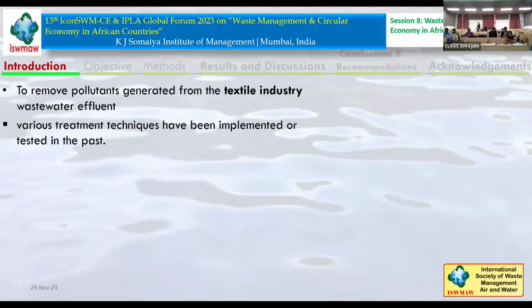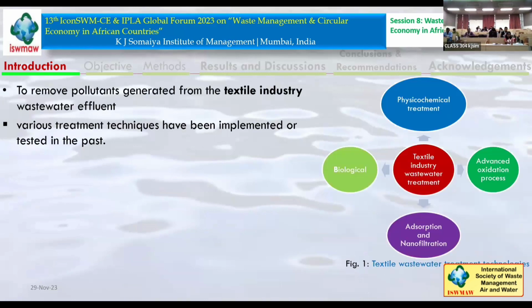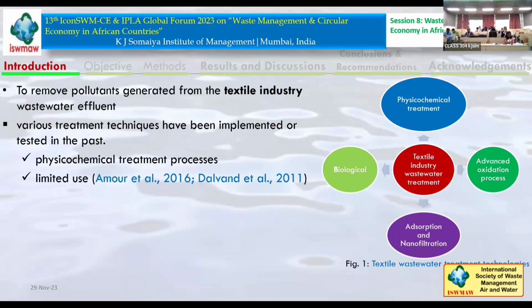So to remove those pollutants generated from the textile industry, of course, there are different technologies that have been implemented, for example, advanced oxidation process, biological and nanofiltration applications. If we see one by one, for example, the physical-chemical treatment process is an efficient technology to remove pollutants from the textile industry.